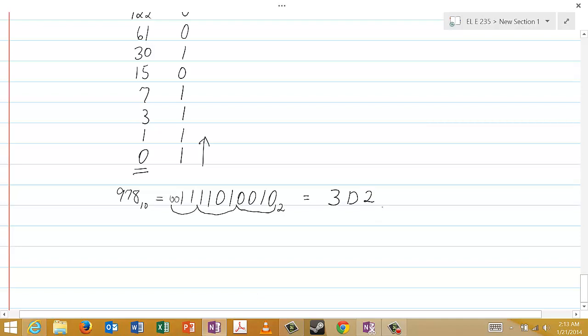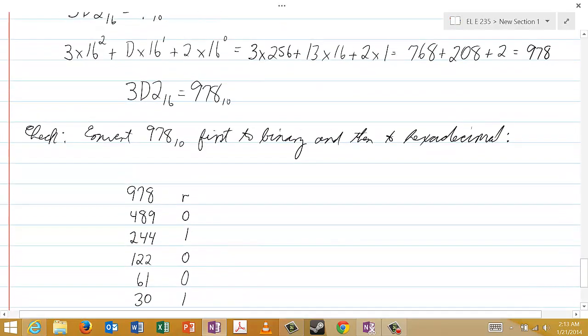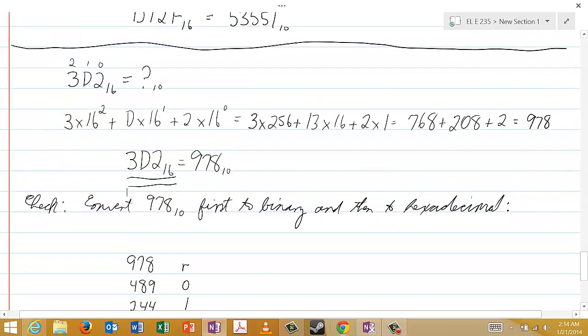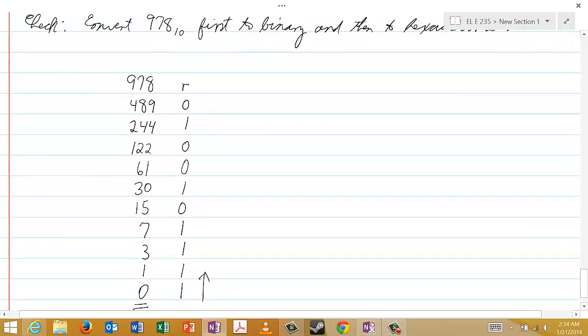So we have 3D2 base 16, and sure enough, as you can see up here, that is the original number that we started with. So 3D2 base 16, sure enough, is equal to 978 in base 10. And we've shown that in 2 different ways.